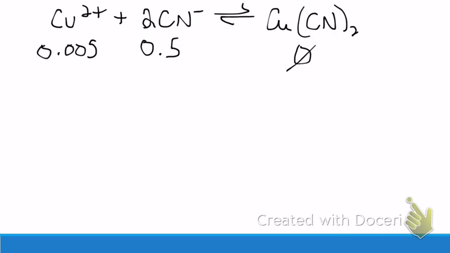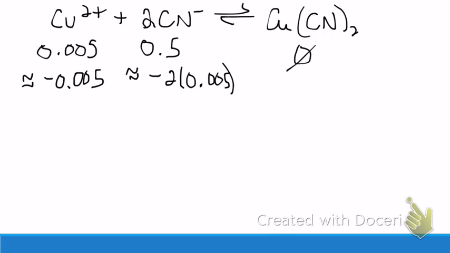So here we're going to say we have a large Kf, so just about all of our copper is going to be converted to complex ion, so that's 0.005 molar. Because there's 2 cyanides for each copper, that will be minus 2 times 0.005, and then for the formation of the complex ion, approximately 0.005 molar complex ion will form.